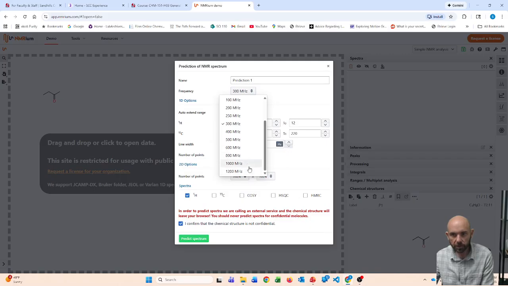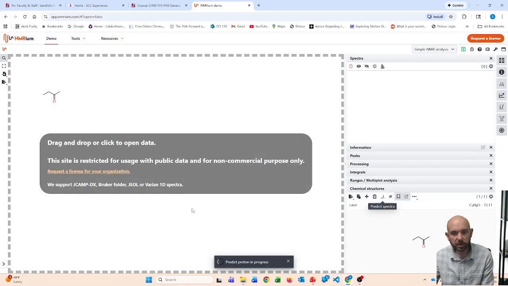Going up to 1000 or 1.2 means we're running the best instruments on planet Earth, so maybe that's a little unfeasible. Maybe 300 or 400 is a little bit more reasonable for a spectrum we might be able to run. We're only going to select the 1H NMR spectra, and you have to select I confirm. Leave everything else the same and click predict spectra.